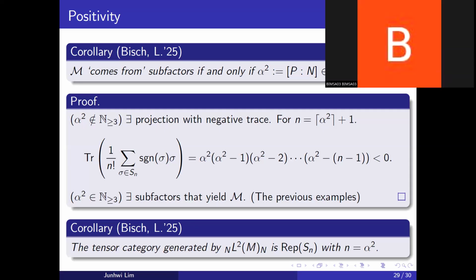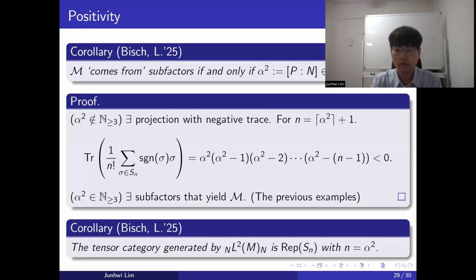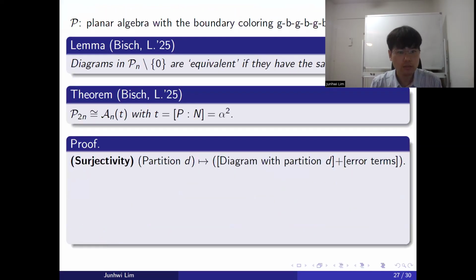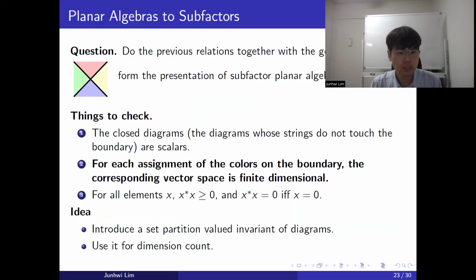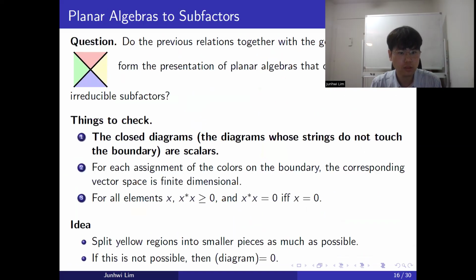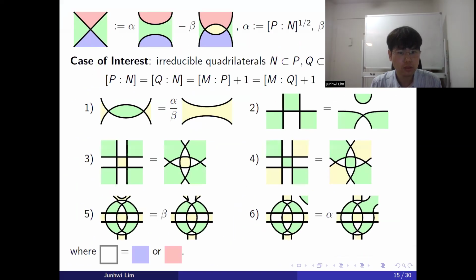Okay, but your construction can still make the category, even if it is not a C star category. Oh yeah, to construct the Deligne category, let me go back to the slide where I had the relations. Using these 6 relations, you can construct the Deligne category.